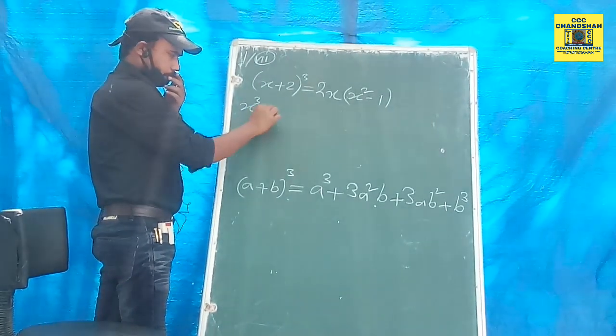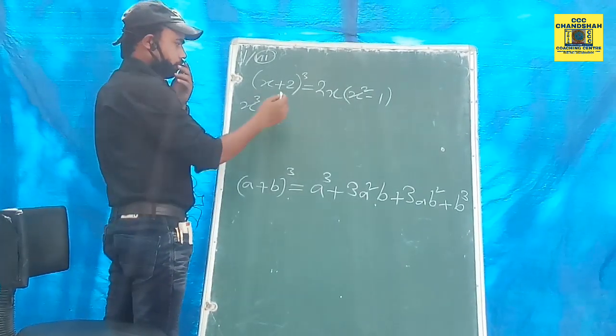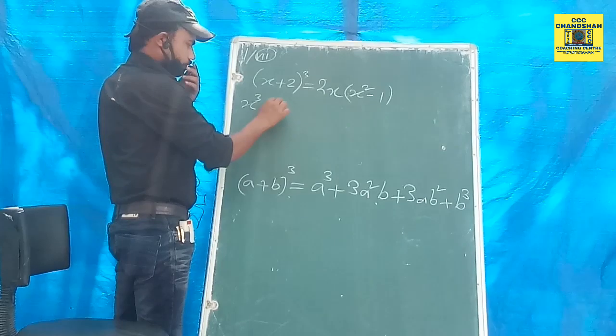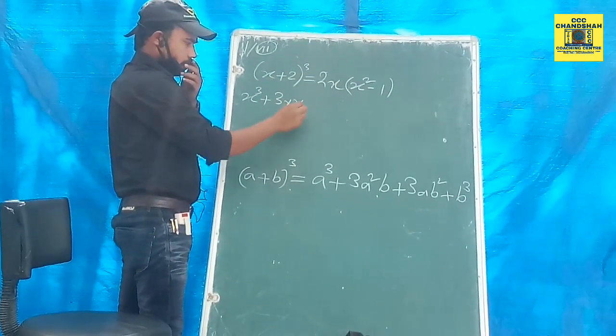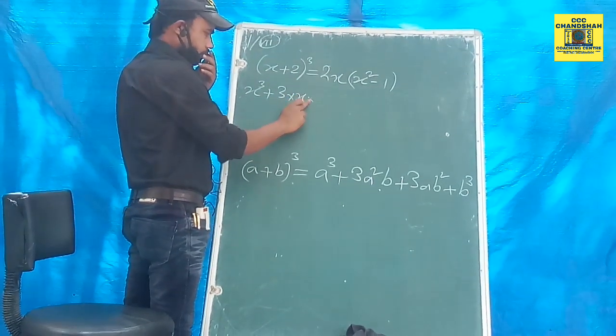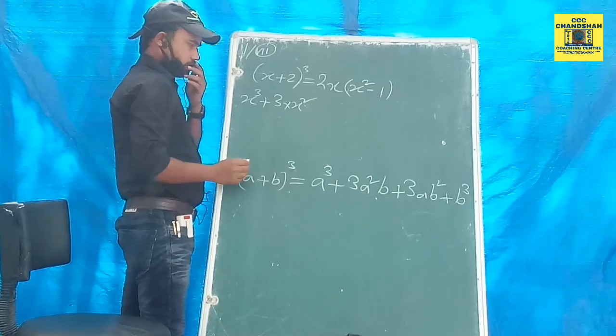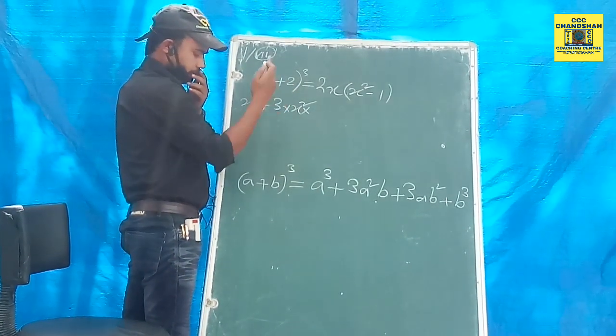x cube plus again thrice a square b. It means 3 into a, a means x, and into b. a square means x square, into b. In place of b, there is 2.